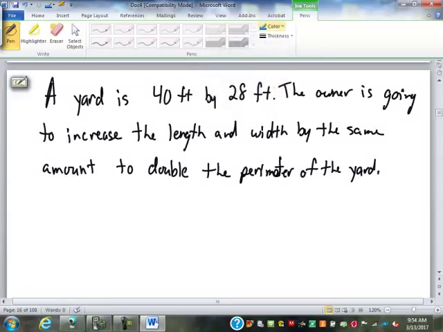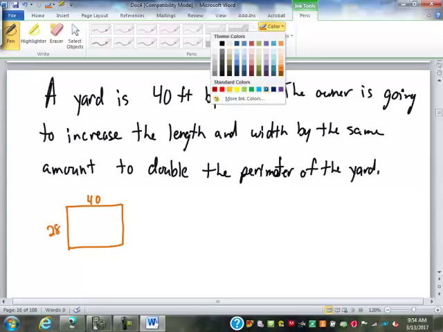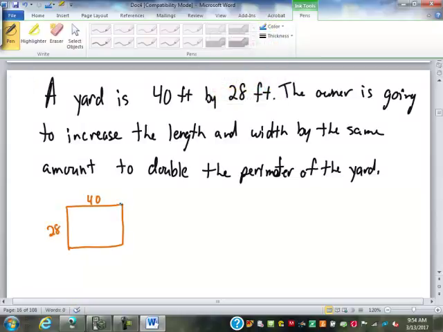So currently, the yard is 40 by 28. The owner is going to increase the length and width by the same amount. So this amount here is X, going in both directions.